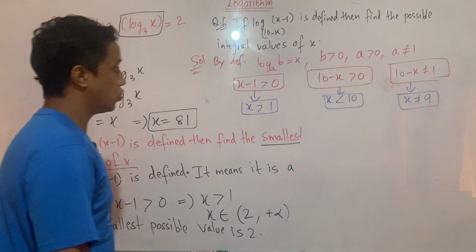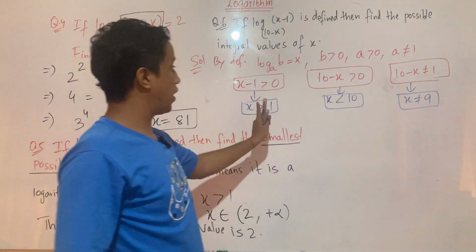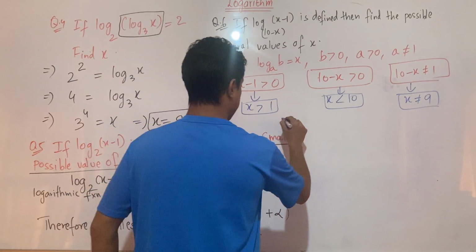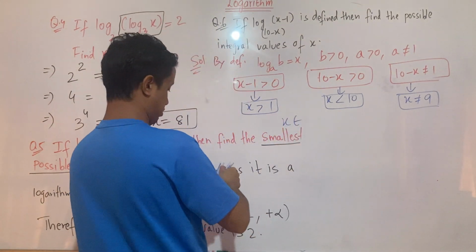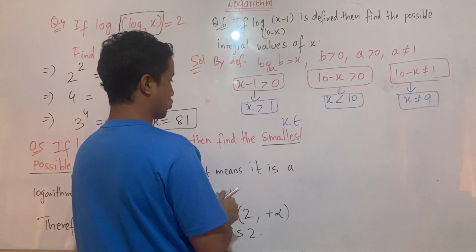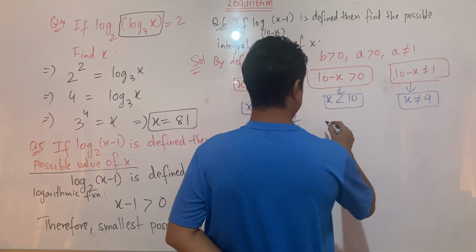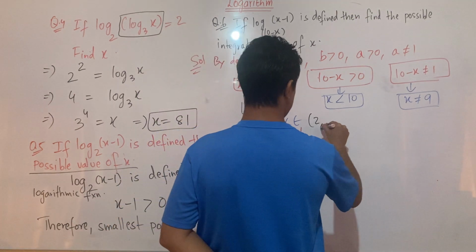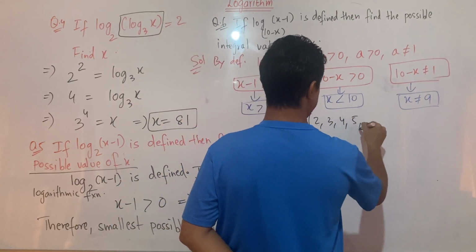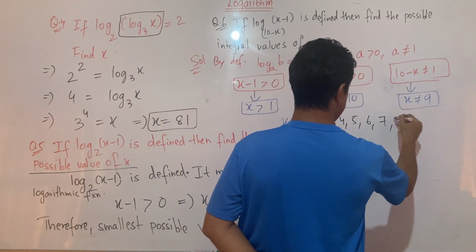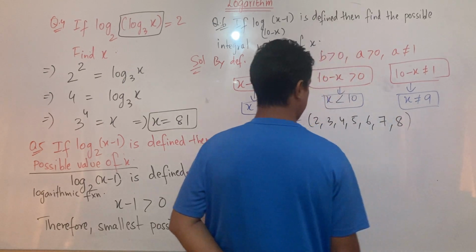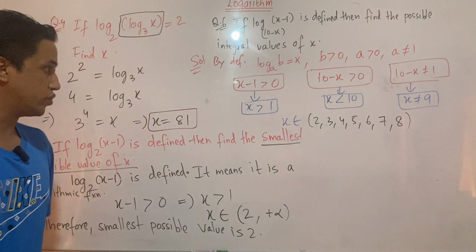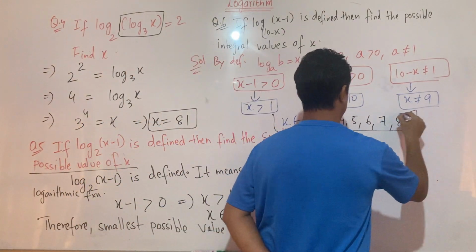So x is greater than 1, less than 10, but it should not be 9. So x is going to be 2, 3, 4, 5, 6, 7, 8. How many values? 1, 2, 3, 4, 5, 6, 7. Okay, so this is going to be your answer.